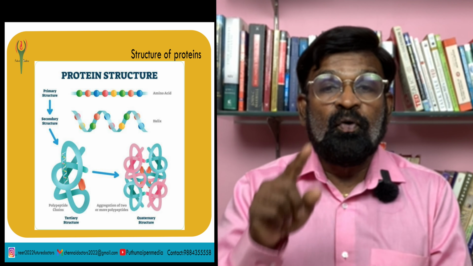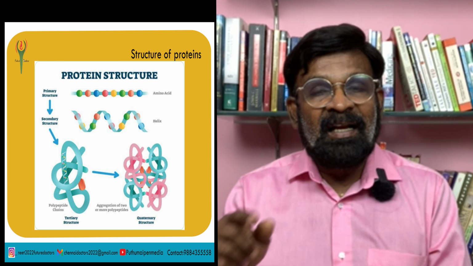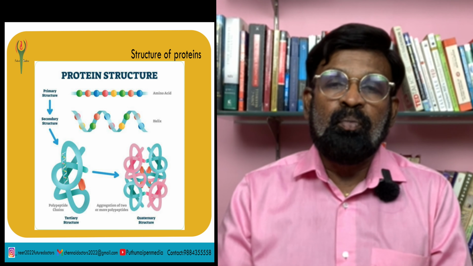It is very difficult to follow, but you will remember those things when you are doing an MCQ. So just listen to it. Example, keratin. In beta-pleated secondary structure, two or more polypeptide chains get interconnected by hydrogen bonds.